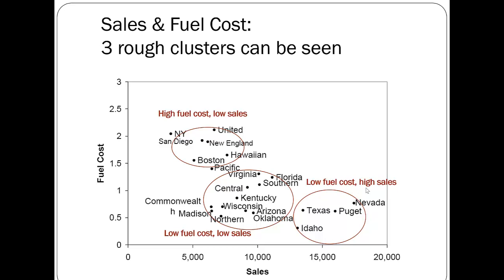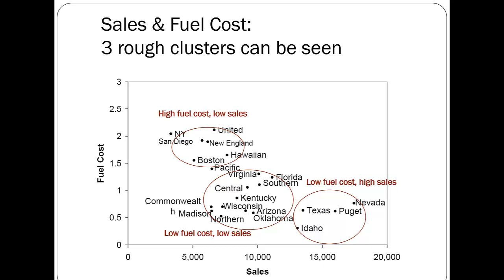So we could use cluster analysis to identify these things and say Idaho, Nevada, Texas, Puget, those are all similar to each other. New York, San Diego, United, New England, Boston, Hawaii, Pacific, those are similar to each other, and so forth. When we use just 2 variables, fuel cost and sales, it's very easy to see what's going on and see how these things cluster or don't cluster.